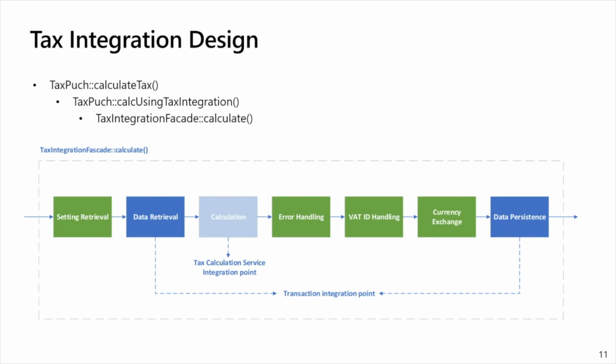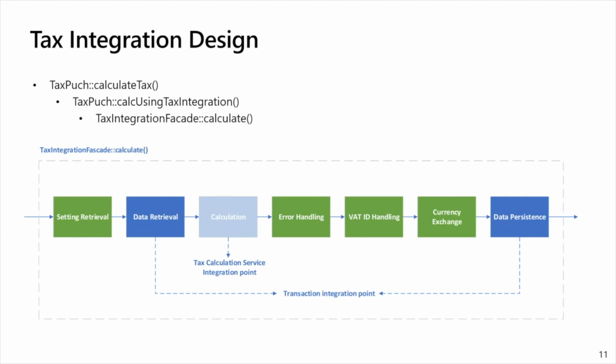Overall, you will see there are different colors. When you want to integrate your own transactions, the two stages you need to focus on are data retrieval and data persistency, the system-bound ones. And if you want to integrate with your own calculation engine, the light blue points are where you need to focus.